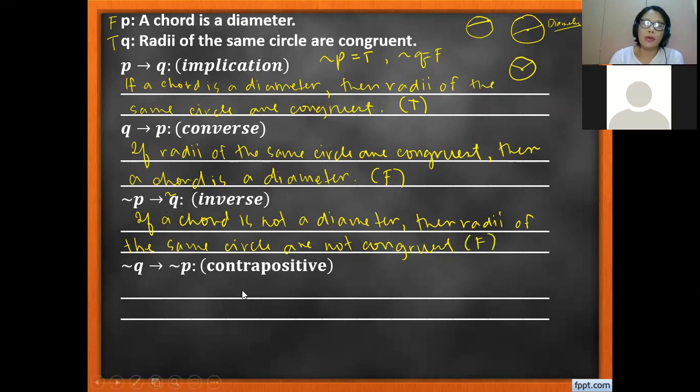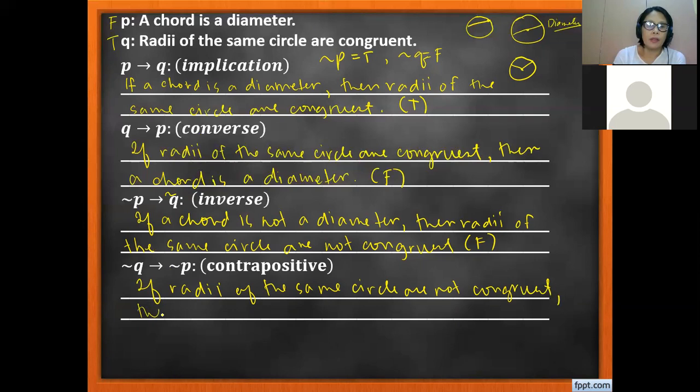And lastly, the contrapositive version of if P then Q. So we have if negation of Q, then negation of P. So we have if radii of the same circle are not congruent, then a chord is not a diameter.